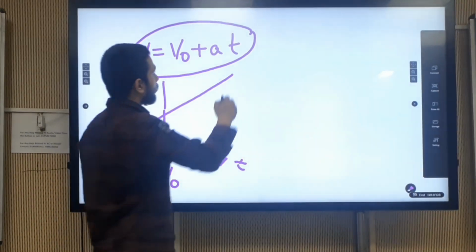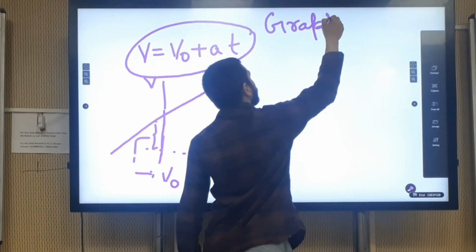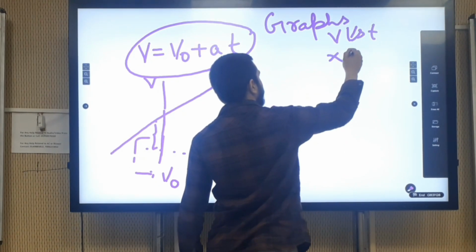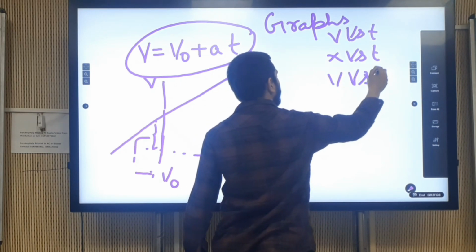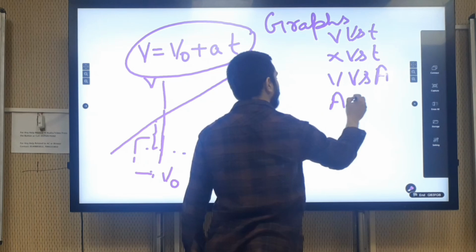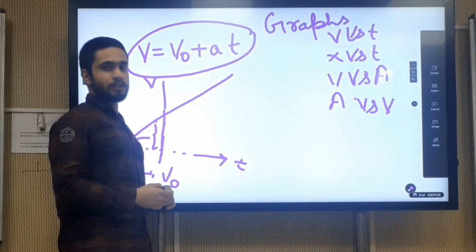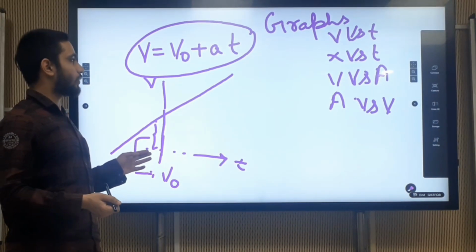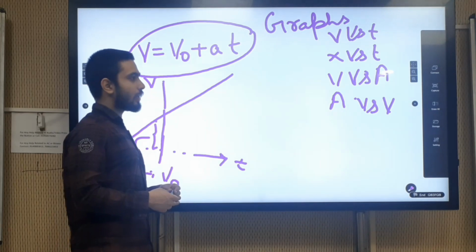So we will see graphs of v versus t, x versus t, v versus a, a versus v. These are the different types of graphs. This can be asked in a question: four options for the graphs will be given along with one equation, and you have to tell the correct graph.